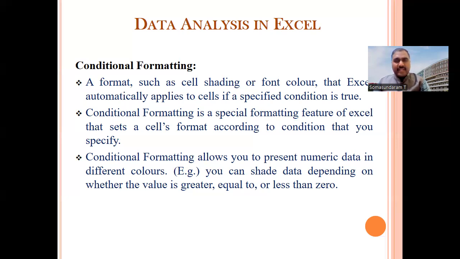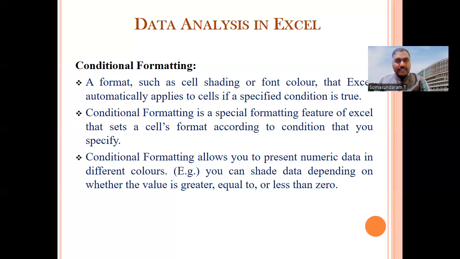You may have a lot of data, but in this data I want to know about a particular mark or a particular value alone. How can I highlight it so that when I'm referring to my data set, it is helpful for me to understand the criteria based on the condition I applied?